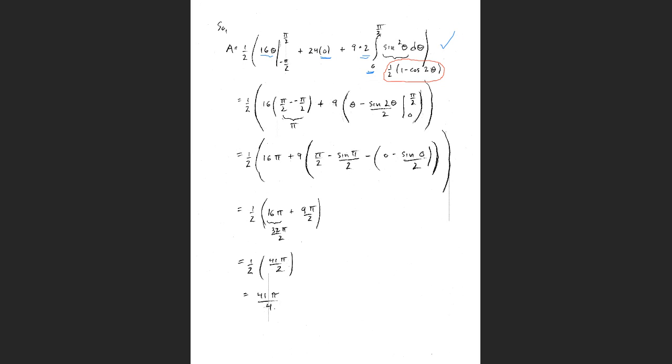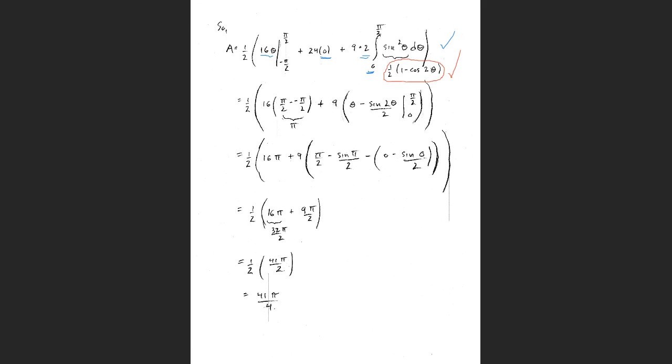If you need to review your trigonometry, in the appendix there's a section on trigonometry. It's Appendix C, and in there they give identities like this one here. It's like a review of trigonometry.